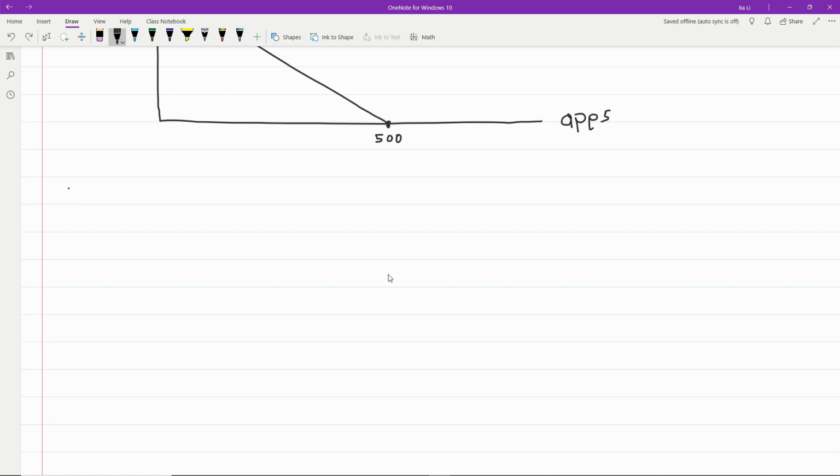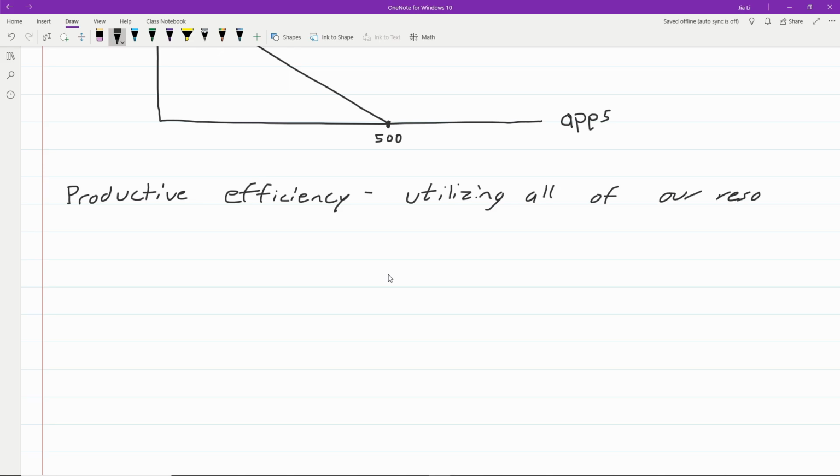Productive efficiency. And again, basically that just means that we are utilizing all of our resources to the fullest.